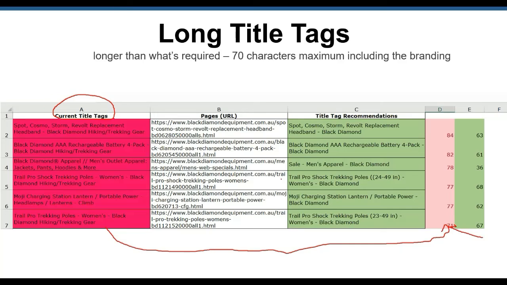However, I optimized them. If you can see, Spot, Cosmo, Storm, Revolt, Replacement, Headband, Black Diamond, Hiking, Trekking, Gear. This one is really long, so I just deleted this part here. Then that made just 63 characters.